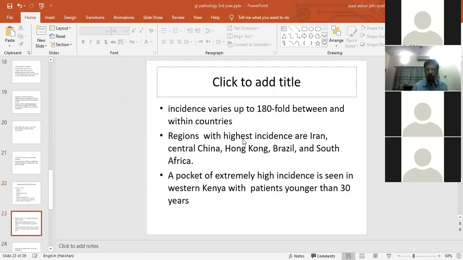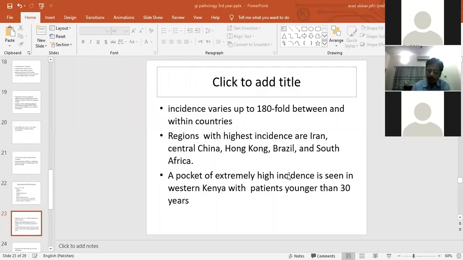Now, incidence varies up to 180-fold between countries. There are regions which have very high incidence of squamous cell carcinoma, like Iran, Central China, Hong Kong, Brazil, and South Africa. Even within Pakistan, the belt along the border of Afghanistan and Iran has a higher incidence. Incidence is fairly high in the southern part of Sindh also because of betel nut and tobacco chewing, because tobacco is a known risk factor.